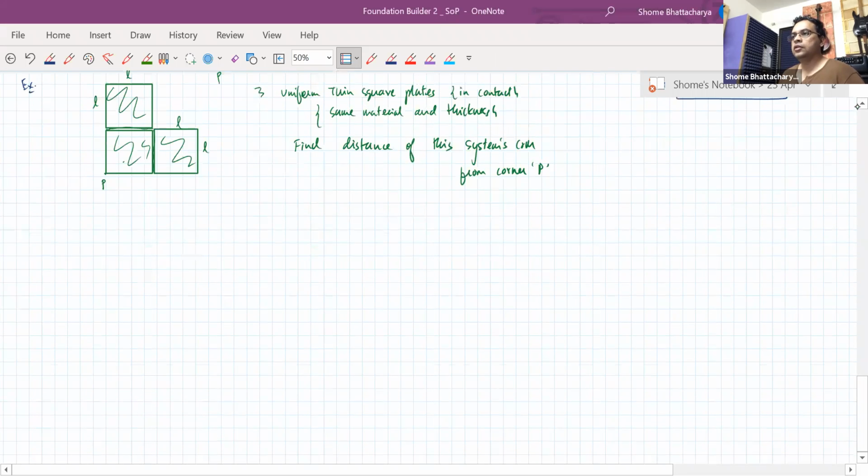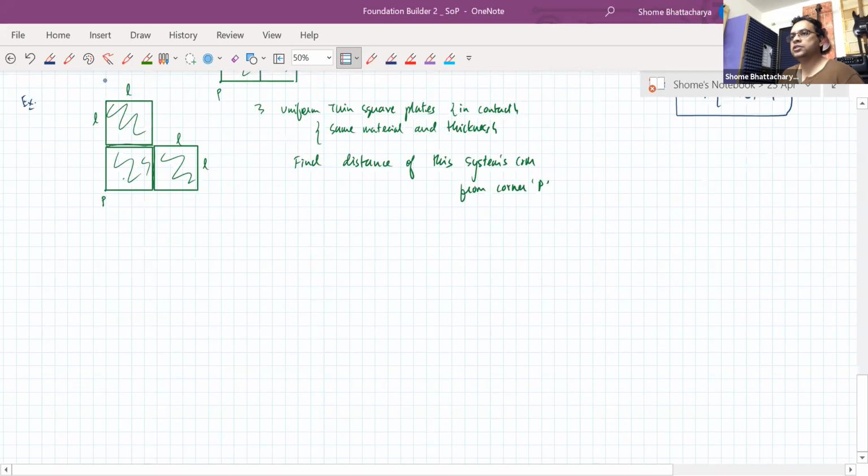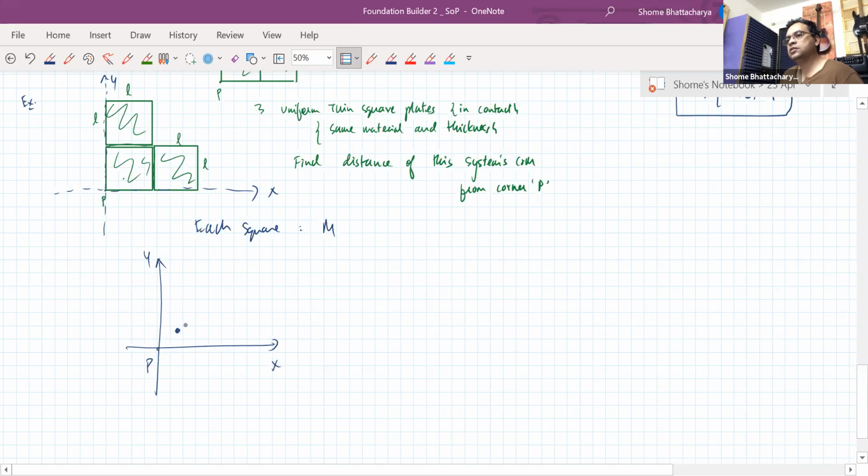Okay. So one is, see, if I take this point P as my origin, like this is x-axis, this is y-axis, then each square, suppose I replace it with a mass m, then with respect to the point P, which is at the origin only, I can place this one here, which will be at coordinate L by 2 comma L by 2, this mass.